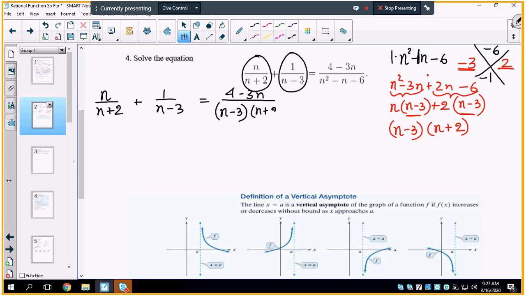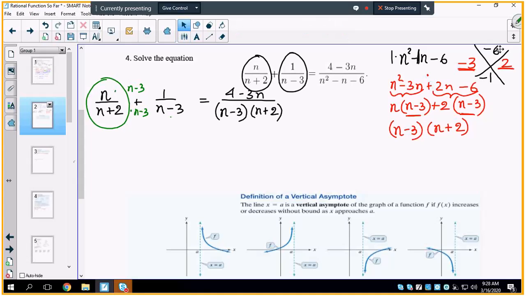I wanted the quadratic denominator to become a factored linear form. On the left-hand side of this expression, you will be needing a common denominator because I have more than one expression. So what I do, I look at the first expression and I see that the denominator is n plus 2, whereas in the second one, the denominator is n minus 3. So take that, multiply with top and bottom on the first one.